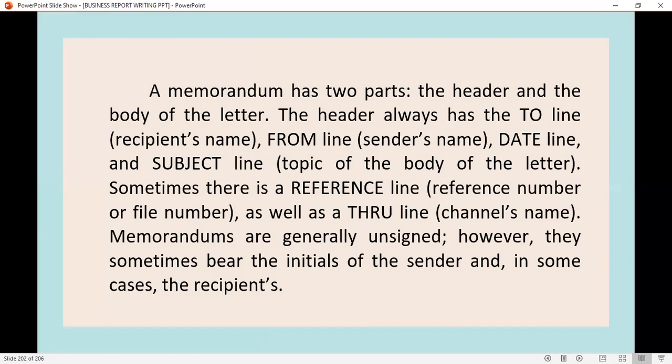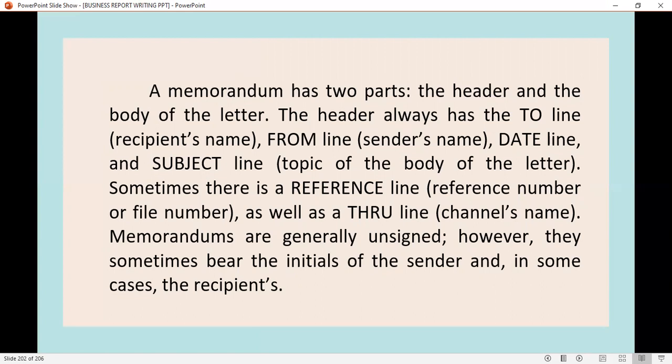So, a memorandum has two parts, the header and the body of the letter. The header always has the to line or the recipient's name, to, para kanino, from, mula kanino, date, and subject line, topic of the body of the letter. Sometimes there is a reference line, reference number or file number, as well as a through line, channel's name.